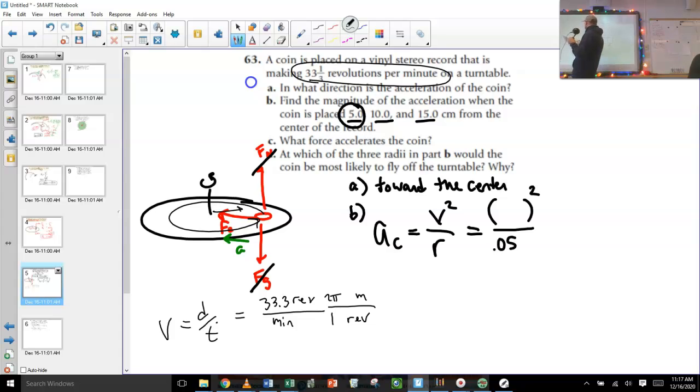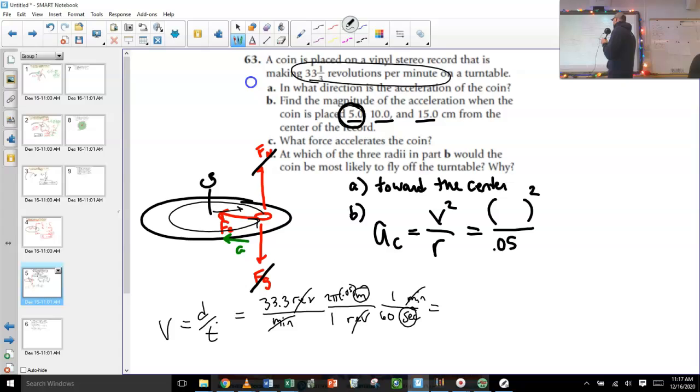The radius they're telling me at the onset was 0.05. And then we'll change minutes into seconds. So 1 minute is equal to 60 seconds. So minutes are gone, revolutions are gone, and now I end up with meters per second.